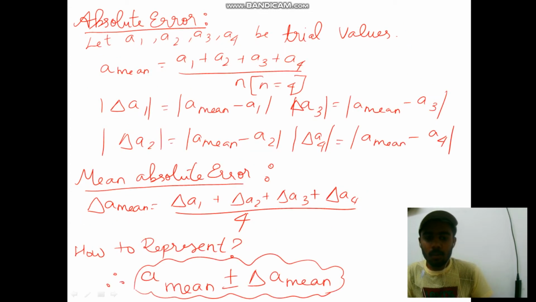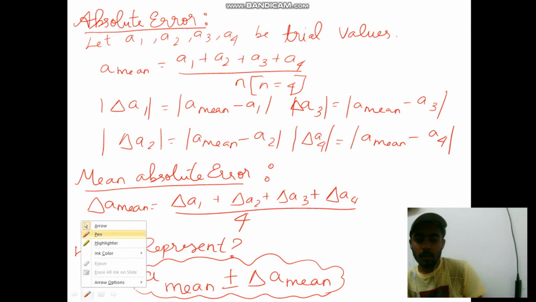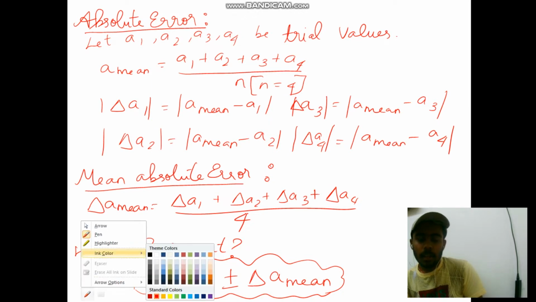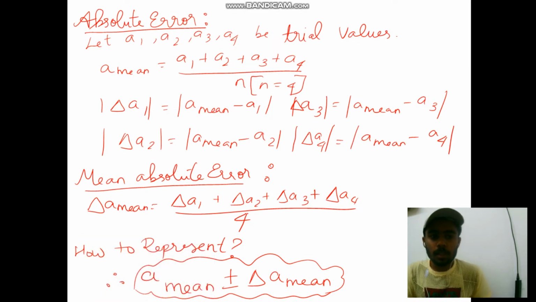Okay, now the absolute error. There are four types of errors: absolute error, mean absolute error, relative error, and percentage error. Let us see the absolute error. Suppose we are taking four trial values, A1, A2, A3 and A4.